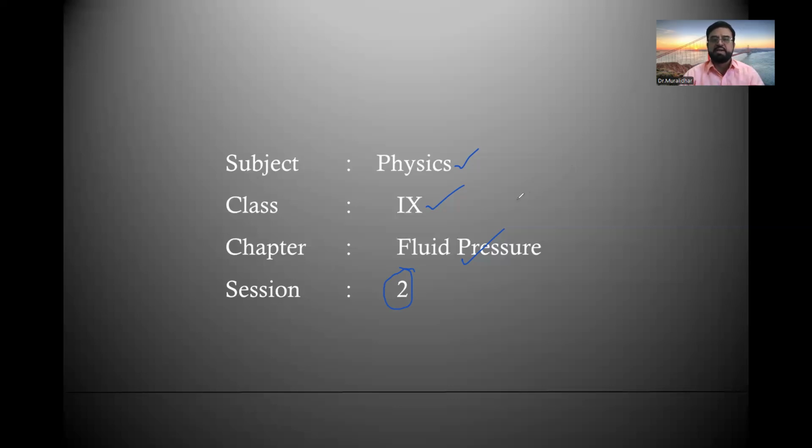So far we completed one class, the introduction of the word fluid and pressure separately. Fluid is a different thing, pressure is a different thing. But when those two are connected, we have to read what kind of pressures that fluid can exert.